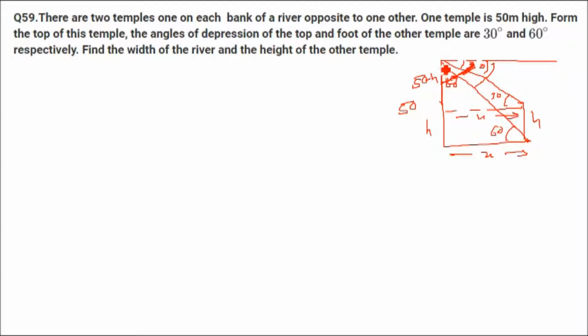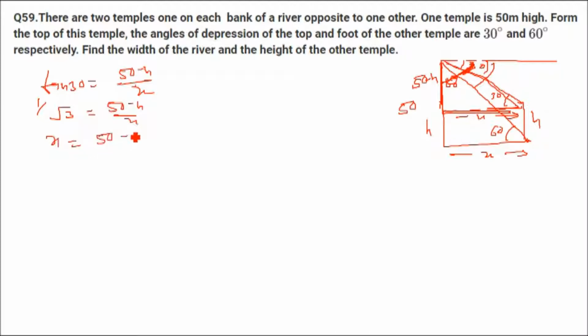So let us take first this triangle. tan 30 will be equal to (50 minus h) by x. This is 50 minus h, perpendicular, and x is base. tan 30 is 1 by root 3, equal to (50 minus h) by x. What do we get? We get x equal to (50 minus h) root 3.